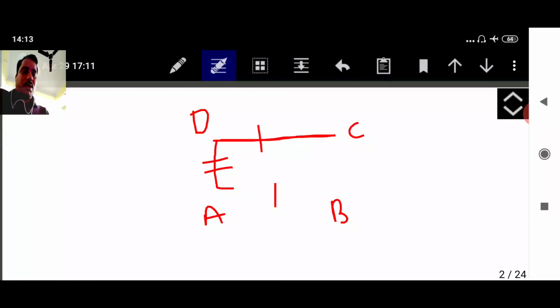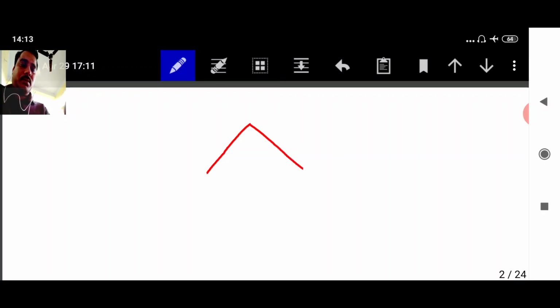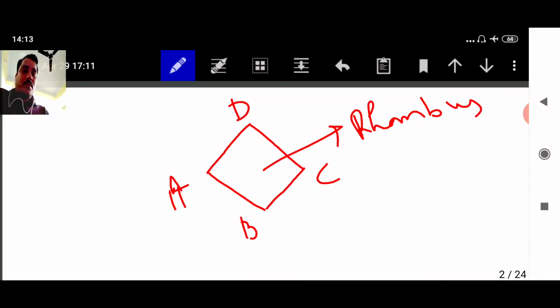Draw a rhombus here, ABCD. It is a rhombus, and we want to know whether it is also a parallelogram or not. So what is a parallelogram?